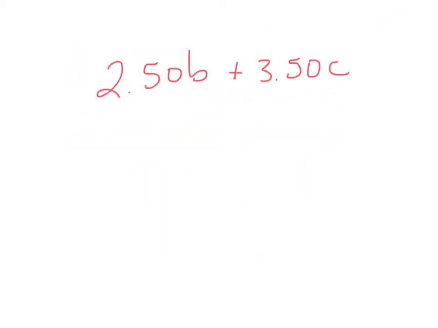Now, in question C, if Jen bought 3 boxes of cereal, and how much did she spend on cereal and milk? Well, if it's $2.50 for 3 boxes of cereal, we've got to know how much milk she bought.